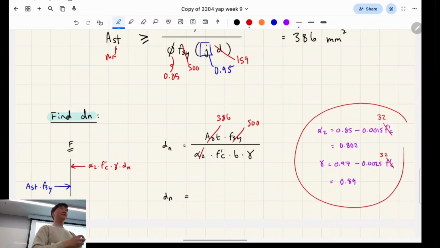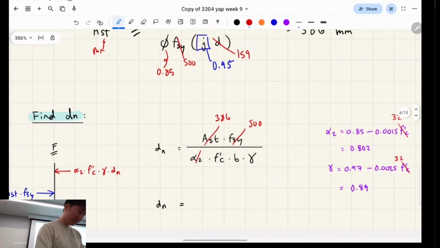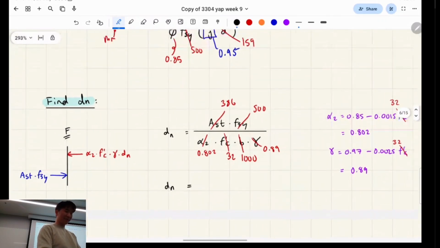I've calculated, everyone knows where these are from, right? On the right hand side. Oh, and sorry, this is from force equilibrium.